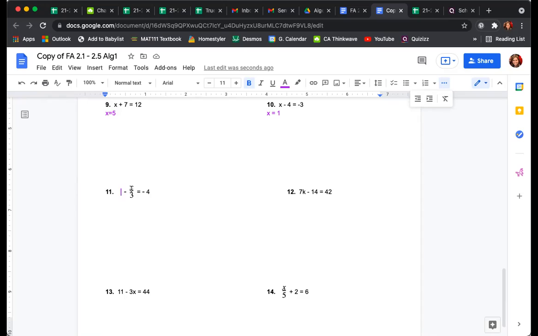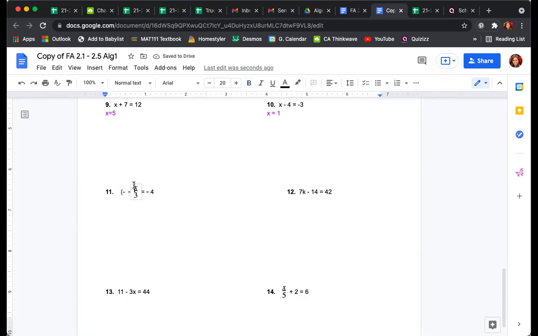Right now, I have negative x divided by something. The only way to undo division is multiplication. So the only way that I can undo negative x over 3 is to multiply by its reciprocal. So if I was going to do this in my calculator, I would say parentheses negative the reciprocal of 1.